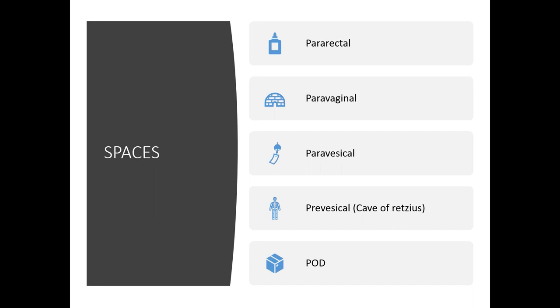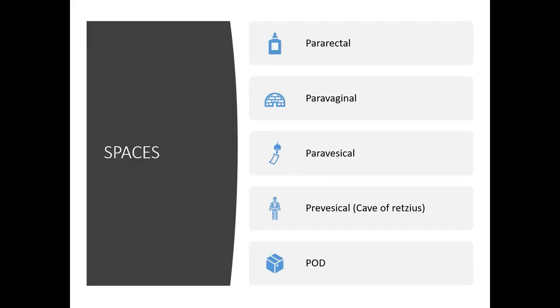So what I mean by that is these are avascular spaces in the pelvis, potential spaces. It's not like a hollow there. The structures are next to each other, but when you separate them, it's avascular in between. Have you now understood what I'm saying?